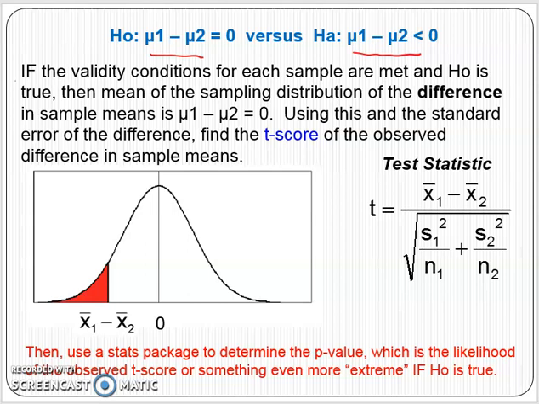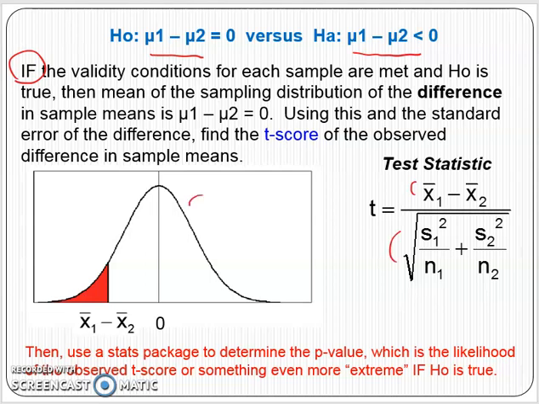If the validity conditions are met for each sample, and the null hypothesis is true, then the mean of the sampling distribution of the sample means is equal to mu1 minus mu2, and if they're equal, that equals 0. Using this and the standard error of the difference in x1 bar minus x2 bar, we come up with a test statistic. The test statistic is the difference in the sample means, on top, over the standard error of the difference in the sample means.